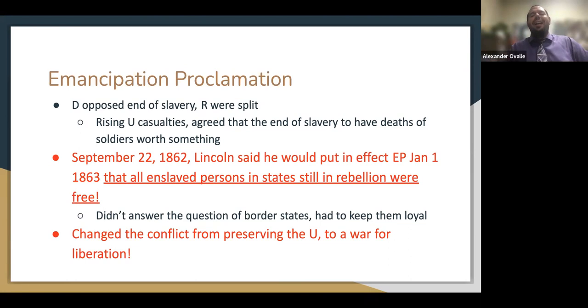However, that does not address the situation of border states. Okay, the border states, remember that yellow line? What was it? Missouri, Kentucky. Yeah, Kentucky, Maryland, and Delaware. So in order to keep those states loyal to them, because let's be honest, they were Southern states.